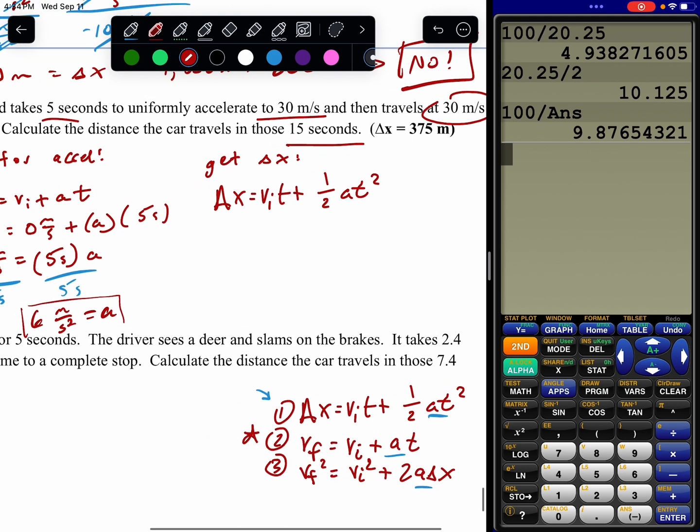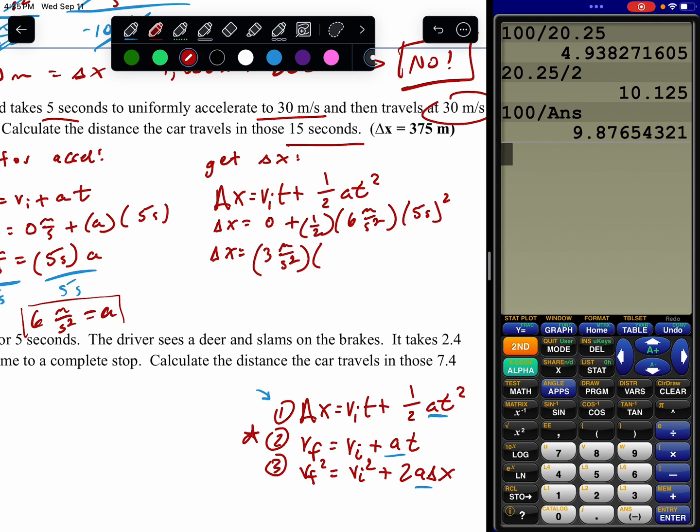So let's solve for delta x. That's what we're looking for, so we're going to keep that there. The initial velocity is 0, so I'm going to replace that whole term with 0. We have 1/2 times the acceleration, which we just solved for, 6 meters per second squared, times the time, which is 5 seconds squared. Let's continue solving for delta x here. 1/2 times 6 is going to be 3, and the units are meters per second squared.